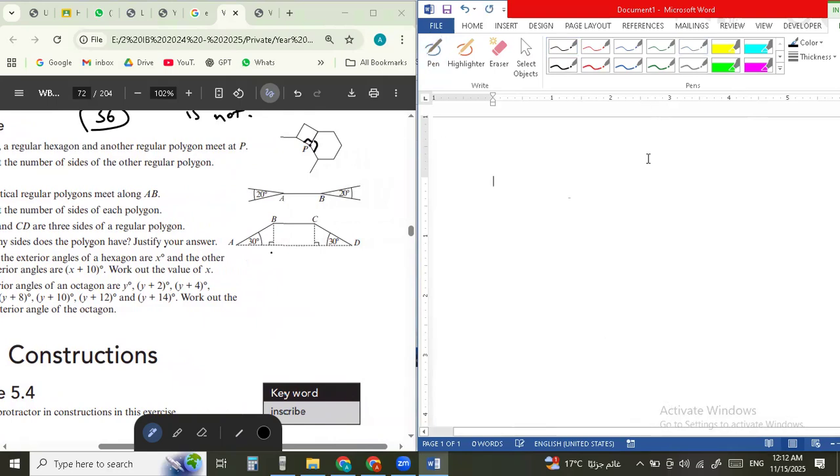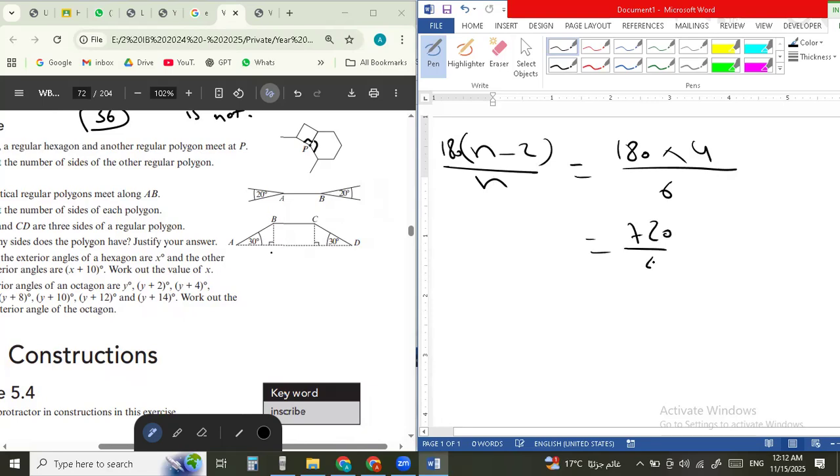The interior of a regular hexagon is found through this rule, n minus 2 multiplied by 180 over n, which is 180 times 6 minus 2, which is 4, over 6. So this is going to give you exactly 720 over 6 equals 120. So this is 120 degrees, and this is 90.